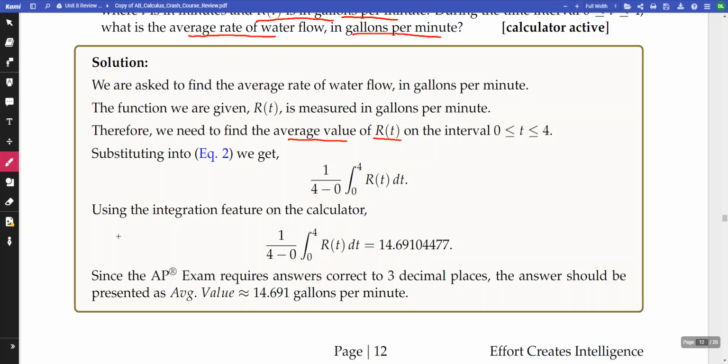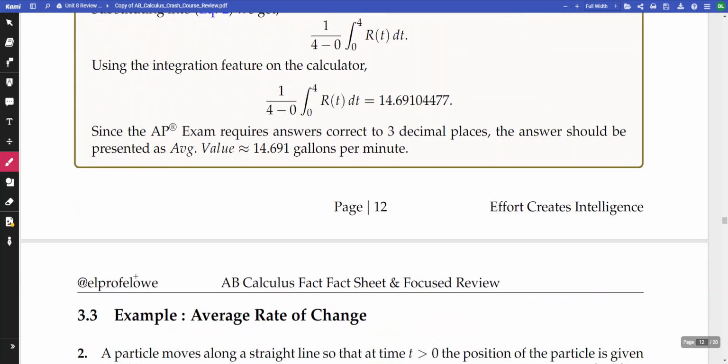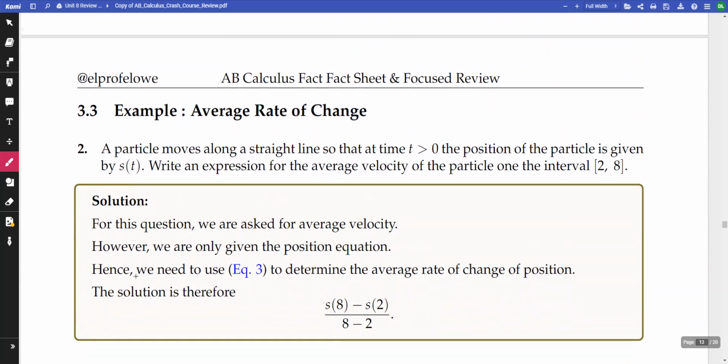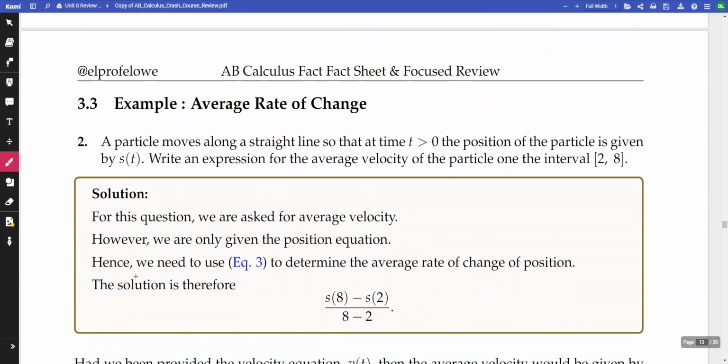Now, what else can this look like? Well, I have also my average rate of change. A simple example, but important. Let's say that we have a particle that moves along a straight line, so the position of the particle is given by some function, s of t. Write an expression for the average velocity of the particle.